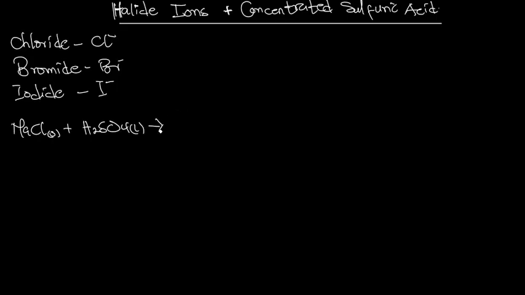What is going to be the product of this reaction? We're going to have sodium hydrogen sulfate, solid, and then you have HCl gas. So solid sodium chloride plus liquid sulfuric acid gives sodium hydrogen sulfate and hydrogen chloride gas.